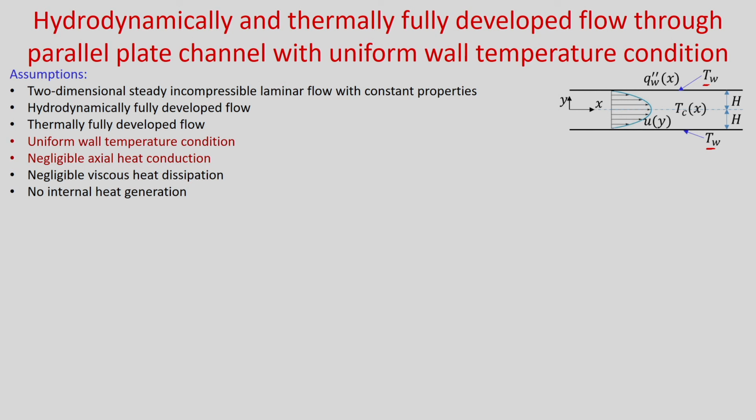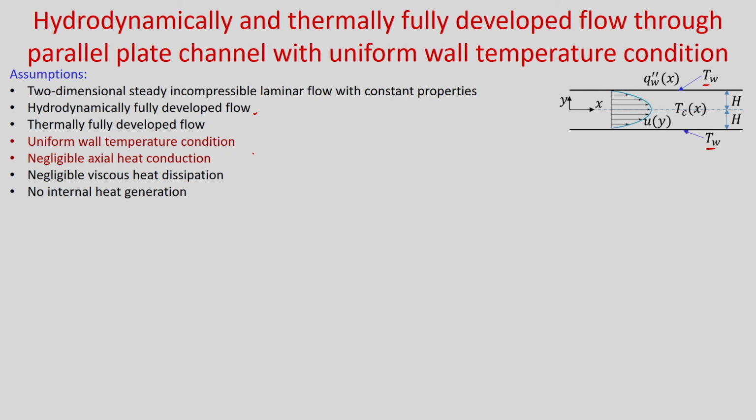So, the assumptions are two dimensional steady incompressible laminar flow with constant properties, hydrodynamically fully developed flow. That means V will be 0, and thermally fully developed flow, uniform wall temperature condition, and this is the important assumption we are making, negligible axial heat conduction.